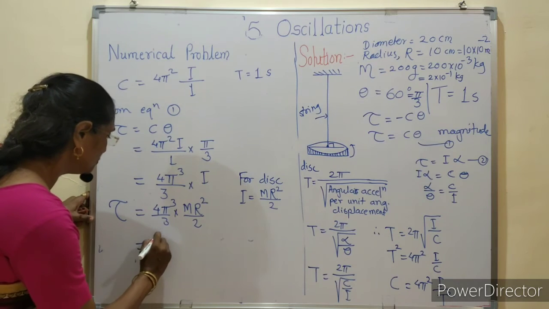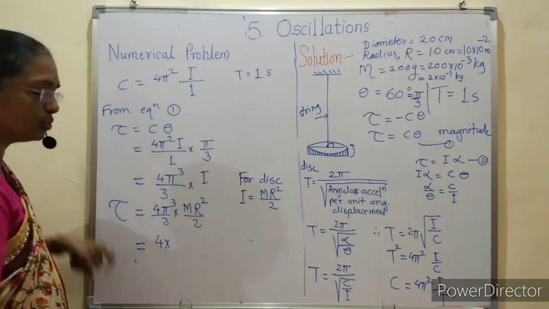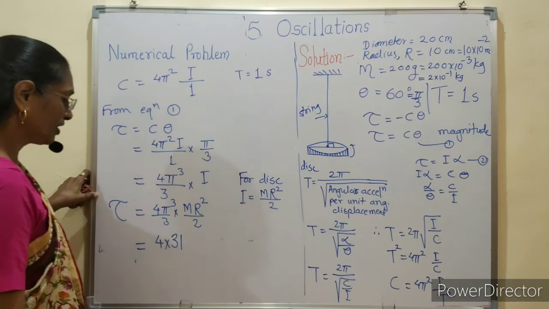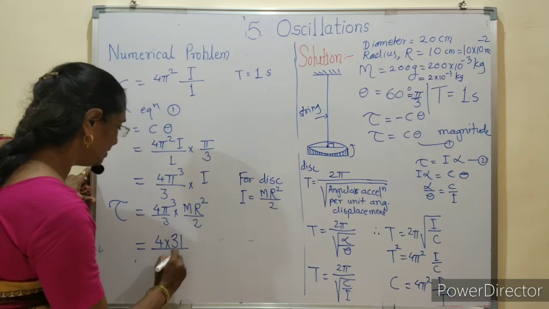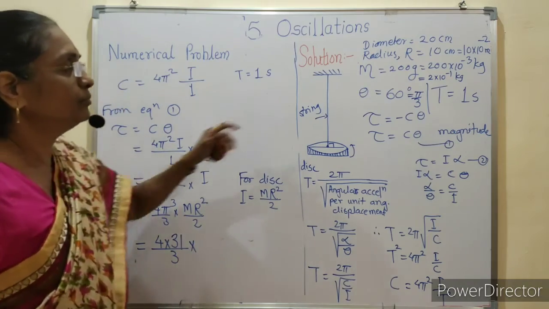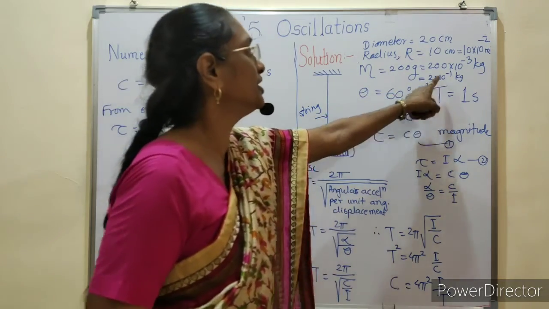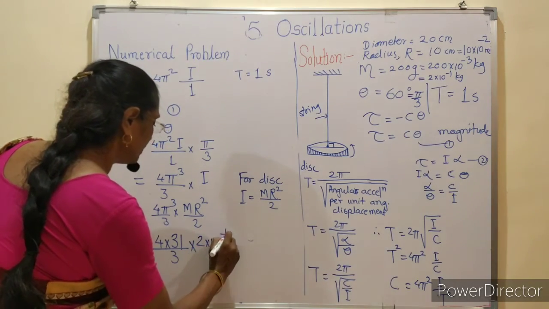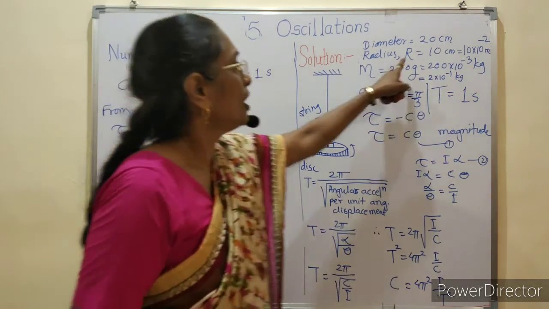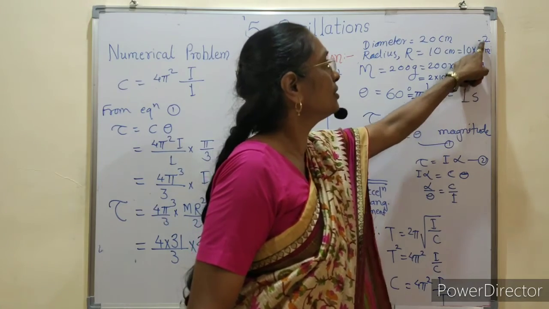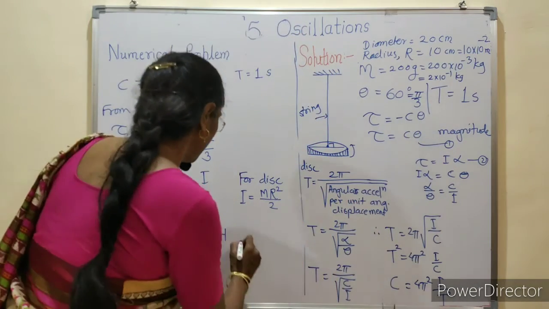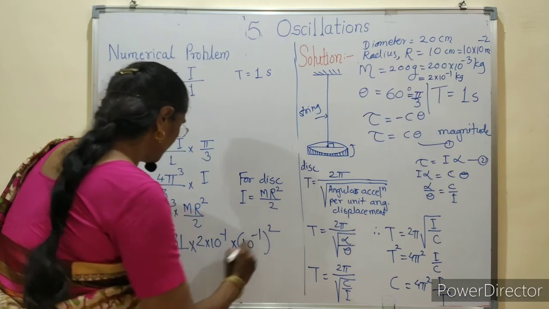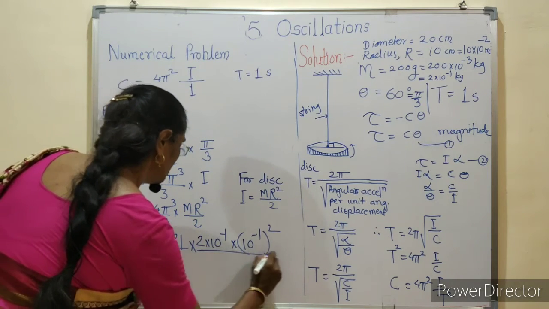So let us substitute here. 4 into pi cube is given in the problem as 31, divided by 3. M we have adjusted as 2 into 10 raised to minus 1. R can be adjusted as 10 into 10 raised to minus 2, that is 10 raised to minus 1, squared, divided by 2.